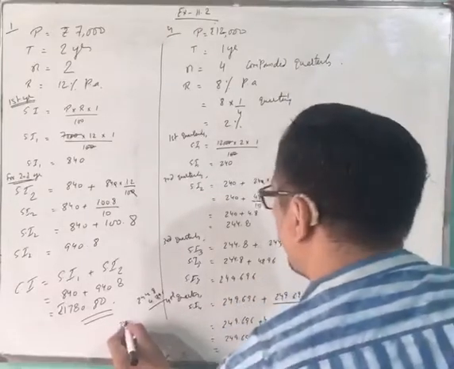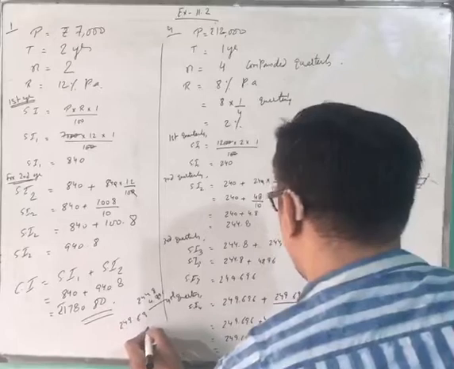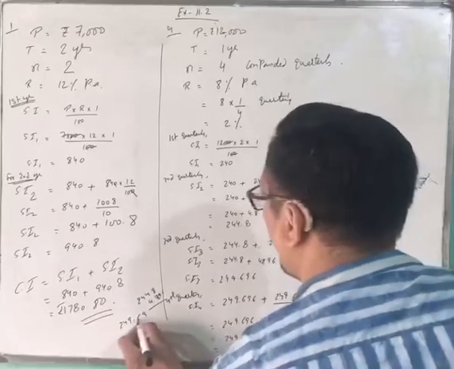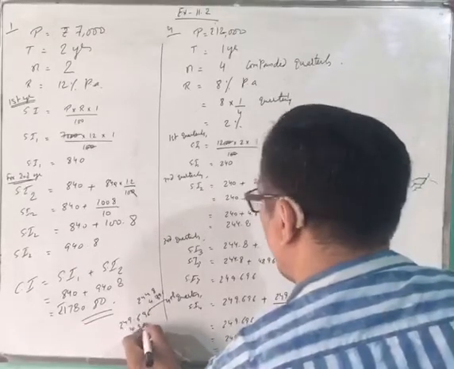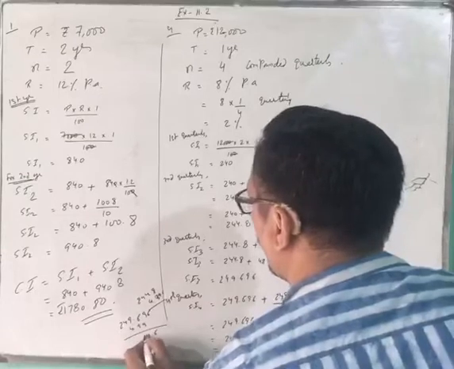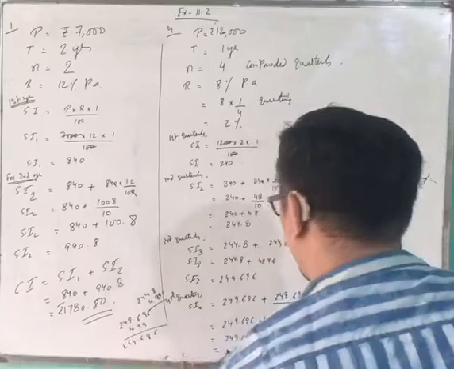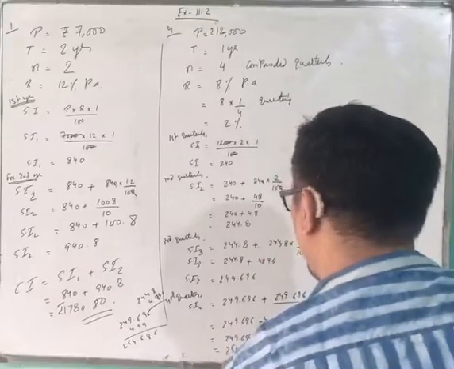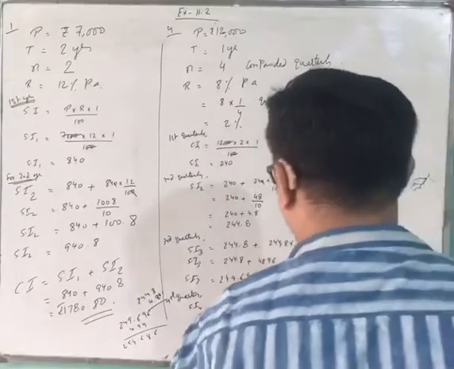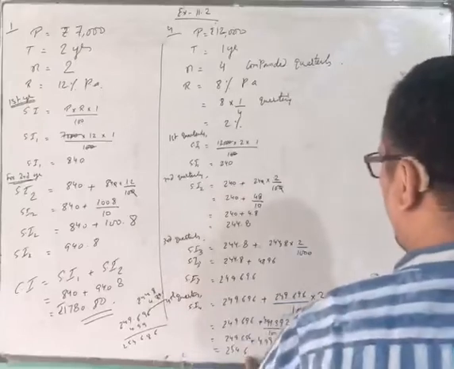So 249.696 plus 4.99, and you get 254.68. You may write down 254.67.